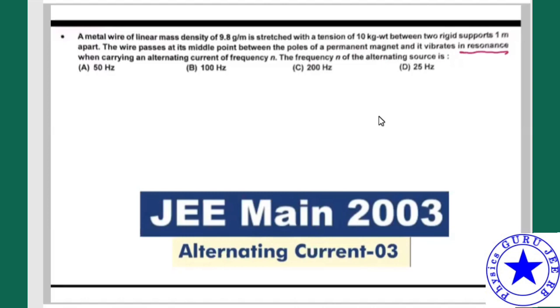So let me consider a situation: a metal wire of linear density. This is a metal wire which is fixed at both ends, right, stretched by a tension. Linear density means the mu value. So mu is equal to the linear density, 9.8 into 10 to the power of minus 3 kg per meter.